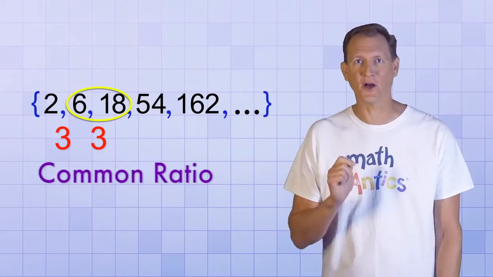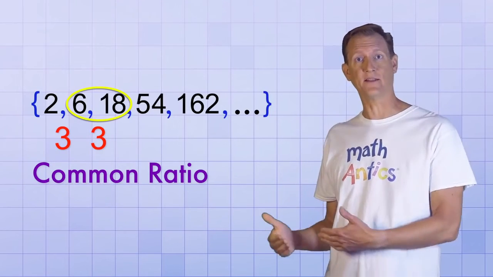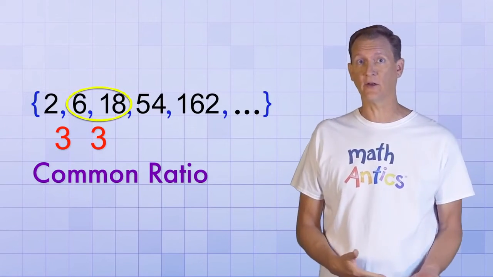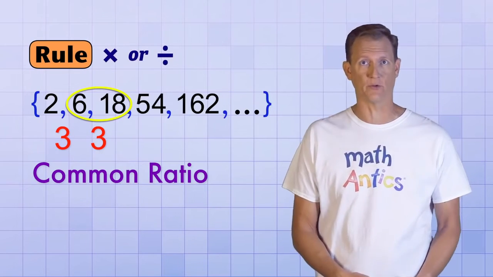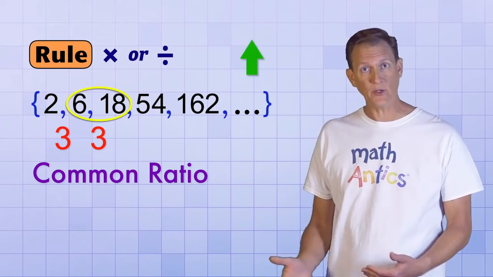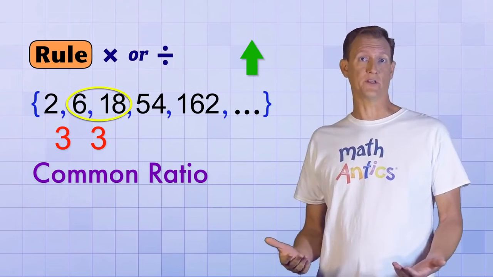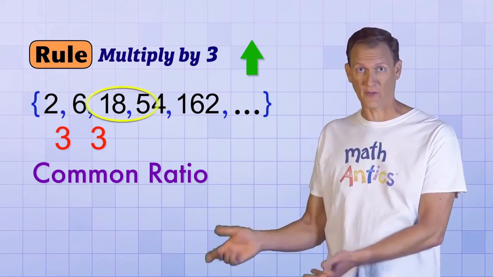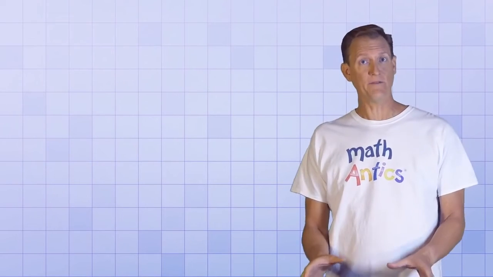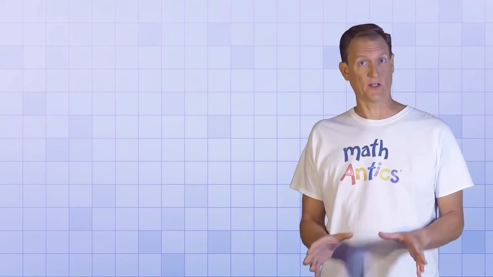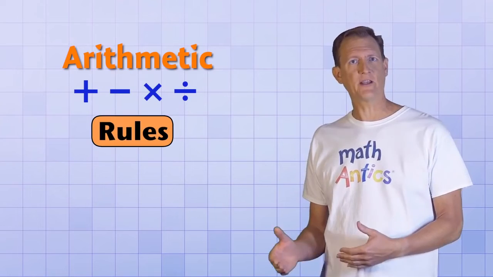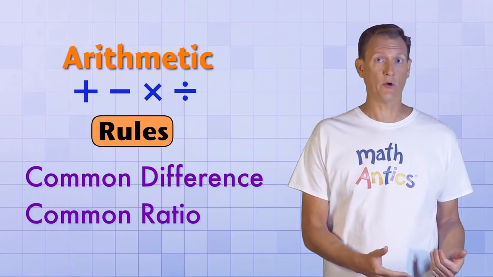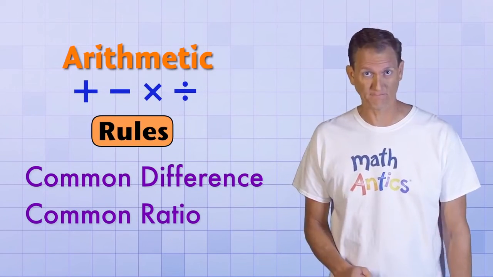That's what we call a common ratio. And it means that this sequence is likely based on either a simple multiplication or division rule. Since this is an increasing sequence, we know that the rule is probably multiply by 3. Again, you can double check that on other pairs. So even though not all sequences are based on simple arithmetic rules, checking for a common difference or a common ratio can help you identify the ones that are.